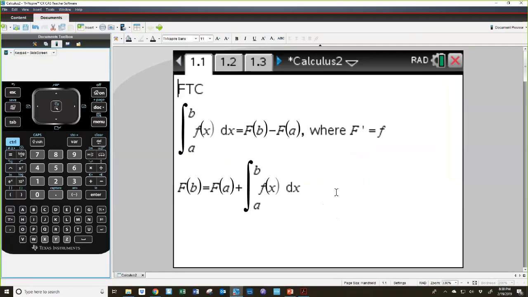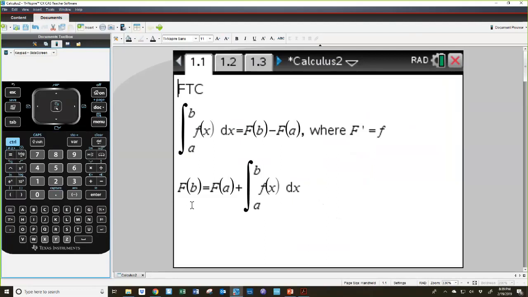So I've got a couple of slides. Some of the slides are just information, and some of the slides are actually doing a few problems. So this is a statement of the fundamental theorem of calculus, the evaluation theorem part that I had on the slide earlier. And then basically I just transformed that into a different expression, and I call it the re-expressed form of the fundamental theorem with my students.